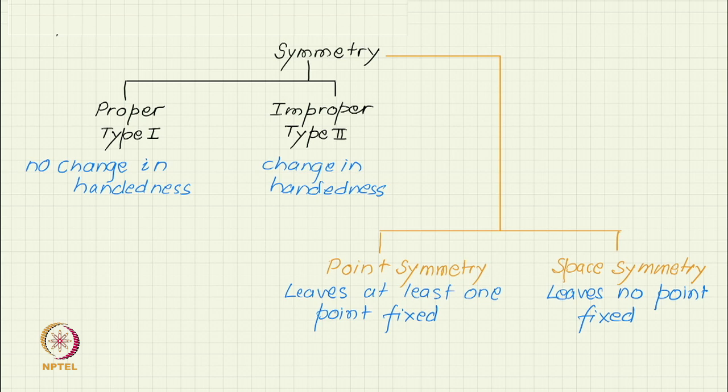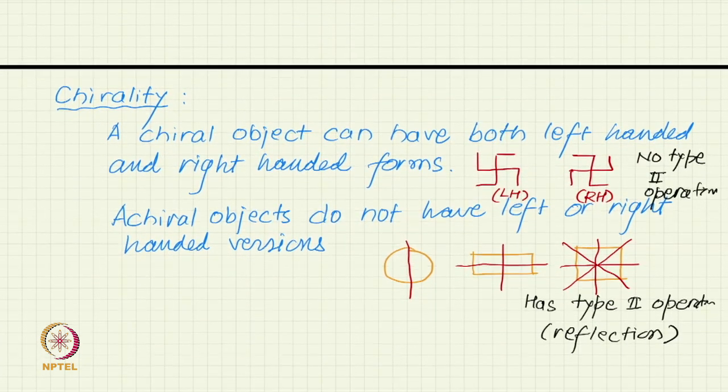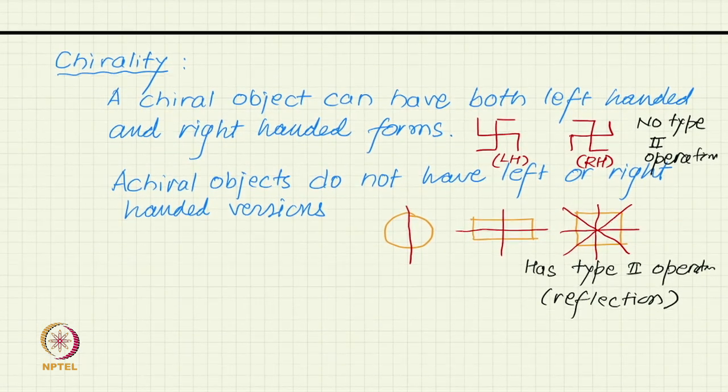then it will not change, because if it is having a reflection or a mirror plane, this one has no type 2. Means if it is indistinguishable, then it's really not a left handed, because then what is the distinction between left handed and right handed?